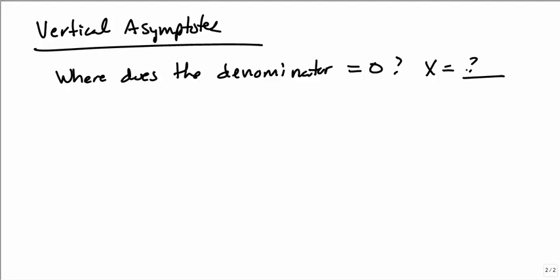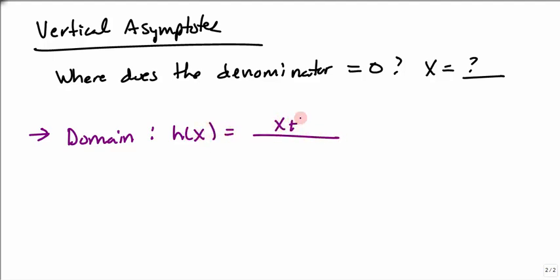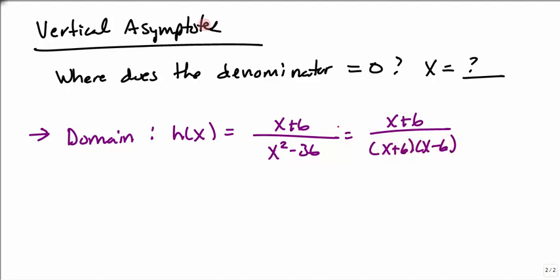So let's go ahead and look at some examples of finding asymptotes. Let's look at, first of all, the domain for this function. Let's call the function h of x equals x plus 6 over x squared minus 36. So remember the domain: I factor first, and then I find my restrictions.